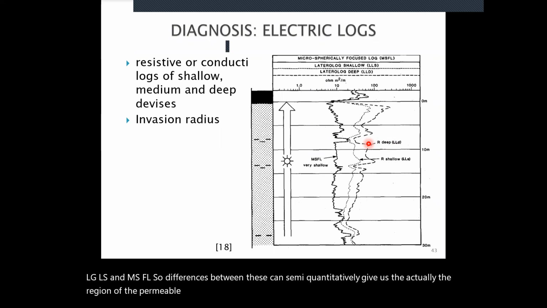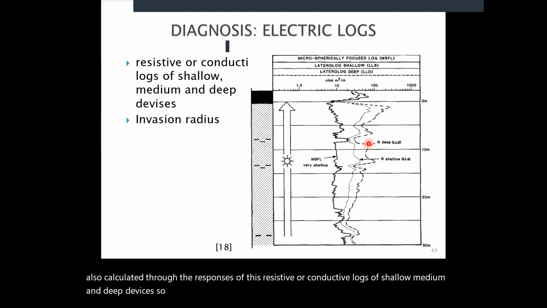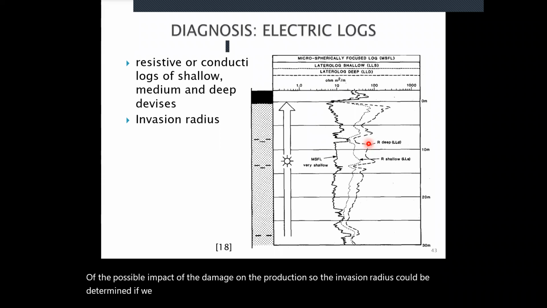The penetration of the filtrate of the drilling mud can also be calculated through the responses of these resistive or conductive logs of shallow, medium, and deep devices. These will give semi-quantitative indicators of the possible impact of the damage on well production. The invasion radius could be determined if one of the curves has a different value compared to the other two.